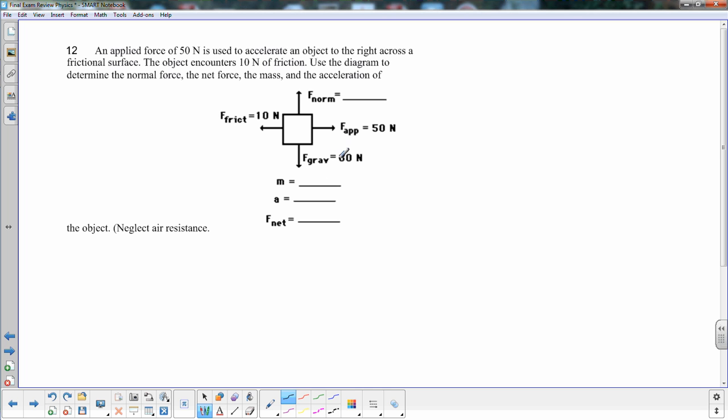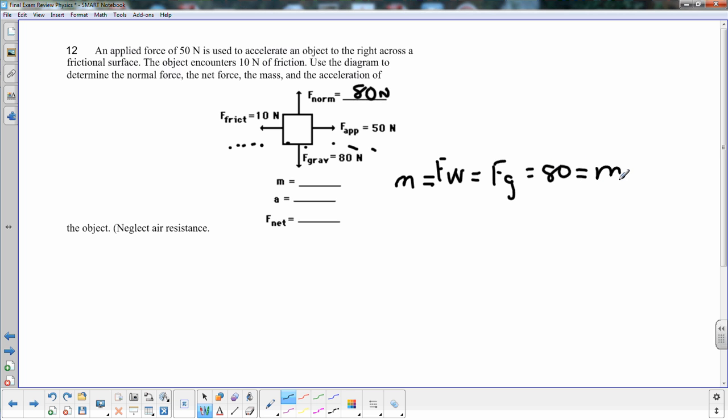I know that the mass can be gotten from the weight force, which is also known as the gravitational force, which is 80 newtons. If you remember, 80 newtons equals mg. You know g is 10, so 80 equals m times 10, which means that m is 8. Divide both sides by 10.